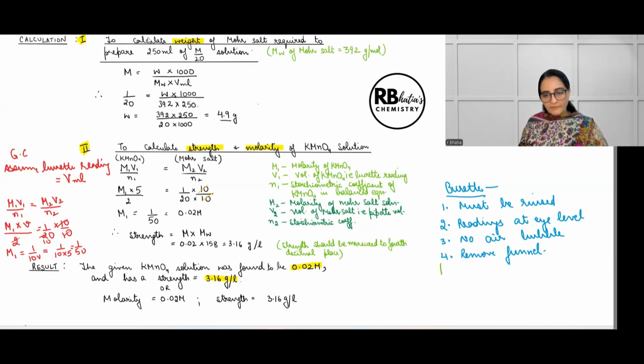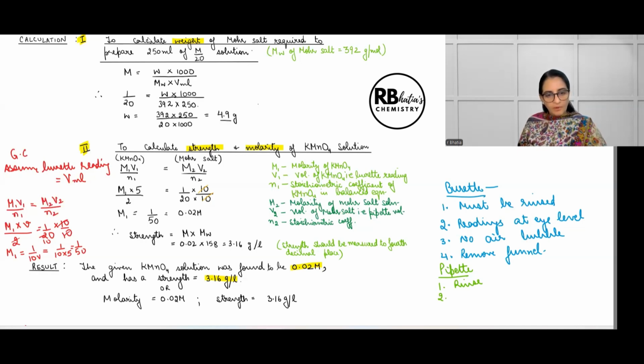Clear? In case we have to write about a pipette, then rinse the pipette. What is the meaning of rinsing and what is the difference between washing and rinsing? Washing is simply with water, just to clean it. And rinsing means pouring the liquid that you're going to finally pour into it.